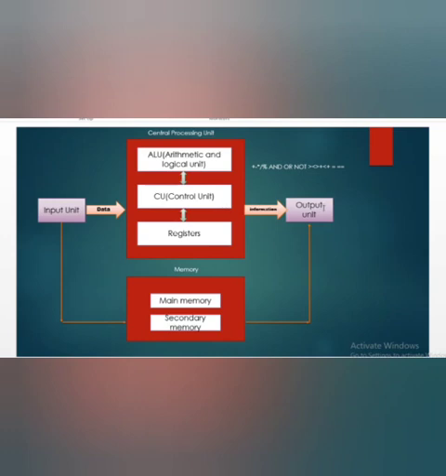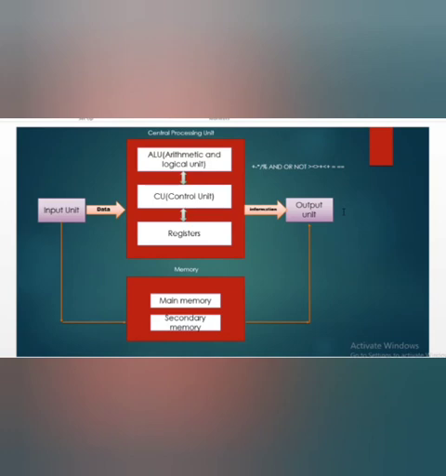It links the computer system to the outward environment or the outside world. The outside world is nothing but the number of users, so it's going to display the information to them. The output unit comprises output devices like printer, speakers, monitor, etc.